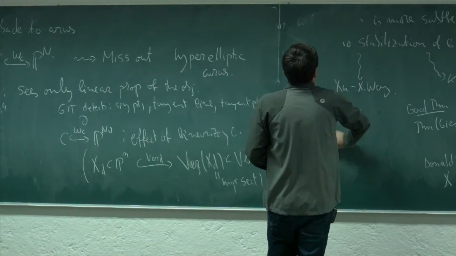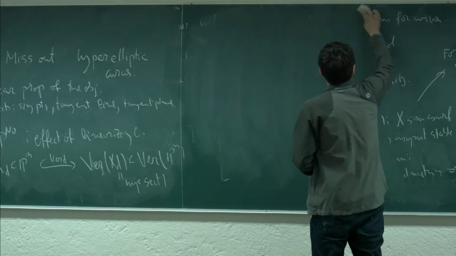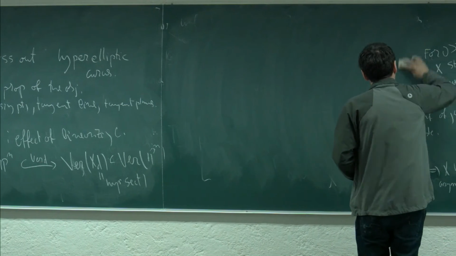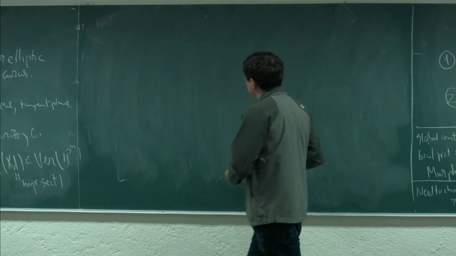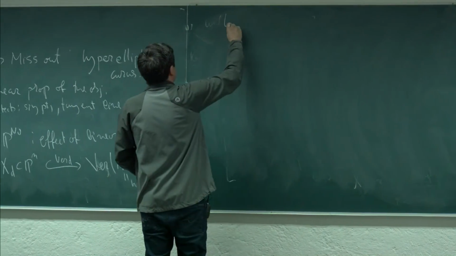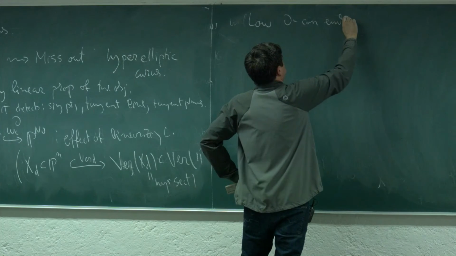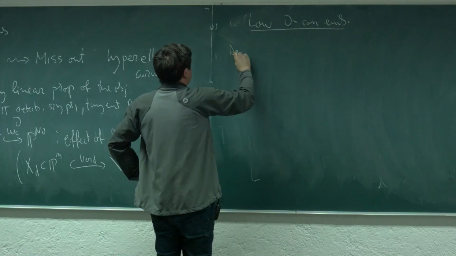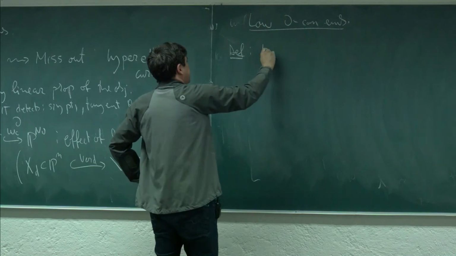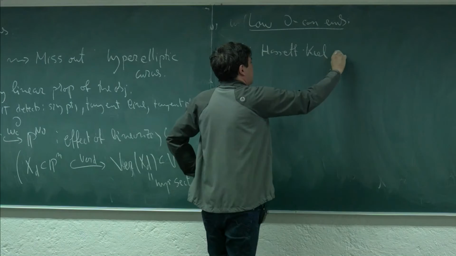So let's see what's happening in low degree mu, low mu canonical embeddings. And for this one, I need to define the so-called Hassett-Kiel models.